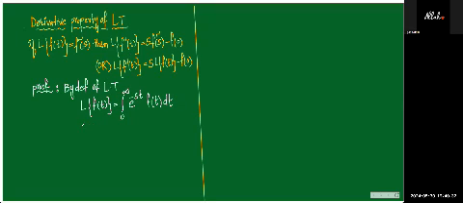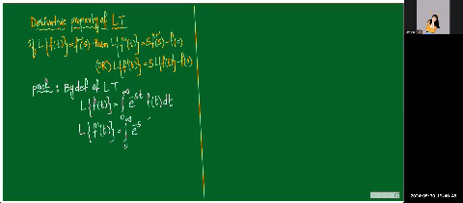So wherever f of t is there, you have to replace it with f dash of t. Dash means derivative. So it is the integral from 0 to infinity of e power minus st f dash of t dt.